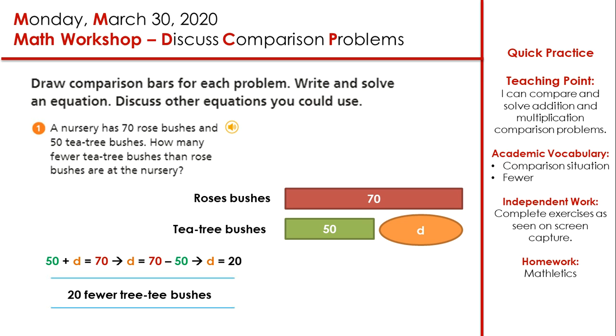So basically, it's just representing your comparison bars, and the drawing tells you the operation to use. As soon as you see that you're missing an item right here, that is subtraction right away. If you're missing the total, then you're supposed to add.